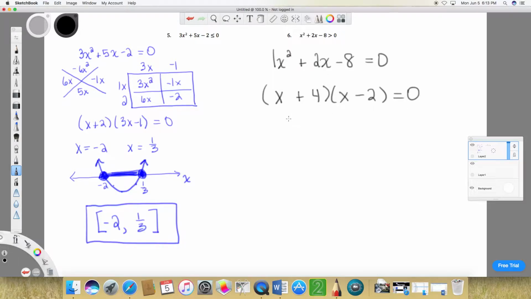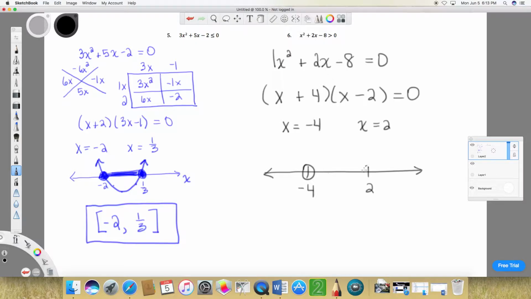So this gives me x-intercepts of negative 4 and positive 2. So those are my two critical points, my boundary points, if you want to call them that.